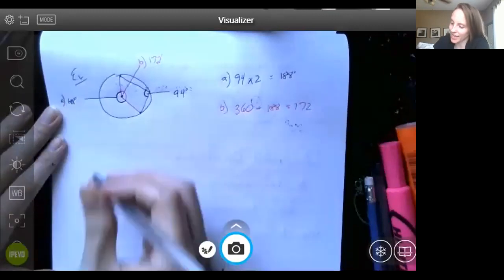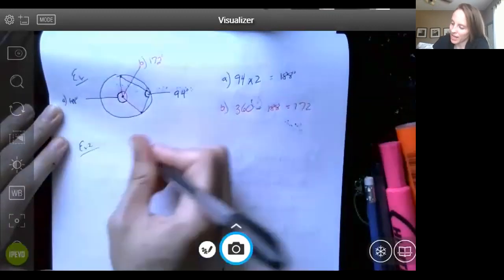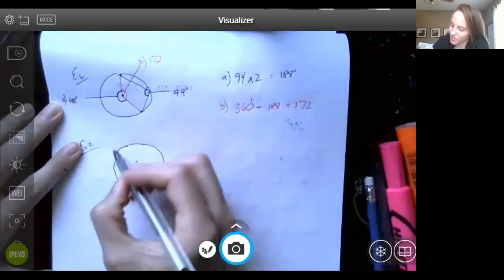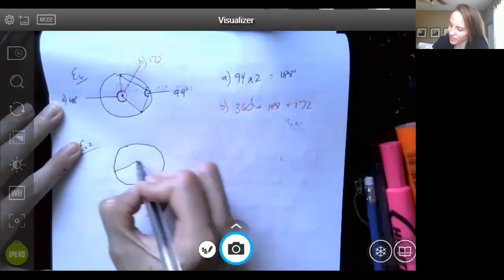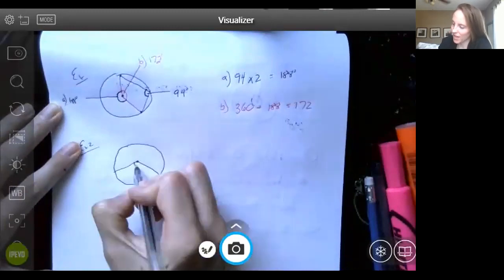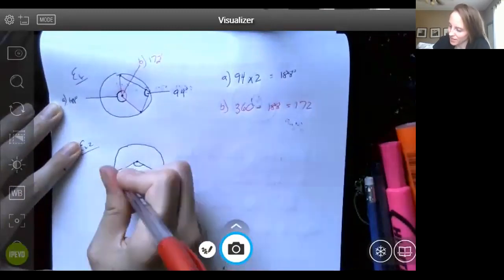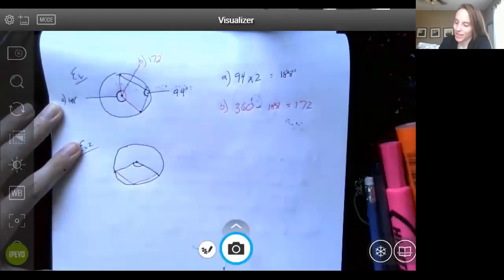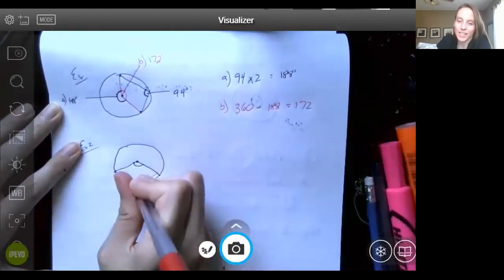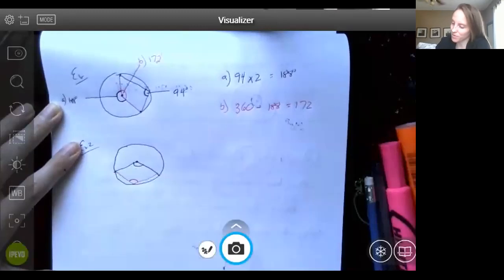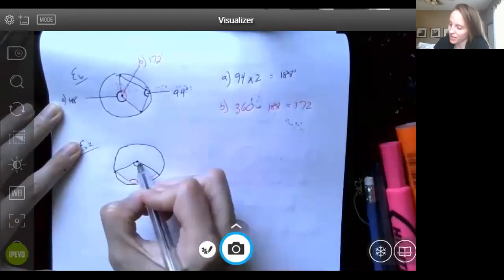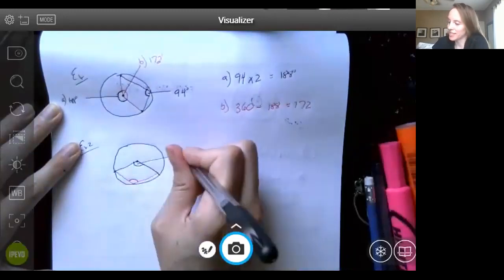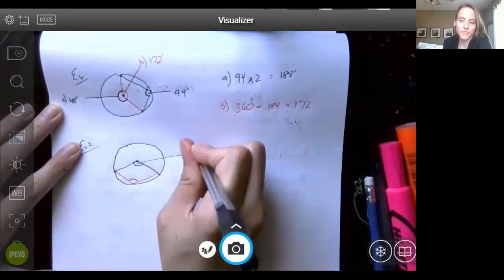Okay, let's try a second example here, where once again I am going to have a central angle and an opposite inscribed angle. This time I want to find the inscribed angle, and I'm going to tell you that the central angle is 110 degrees.